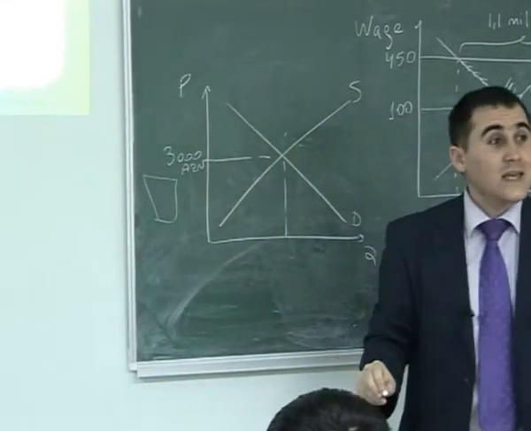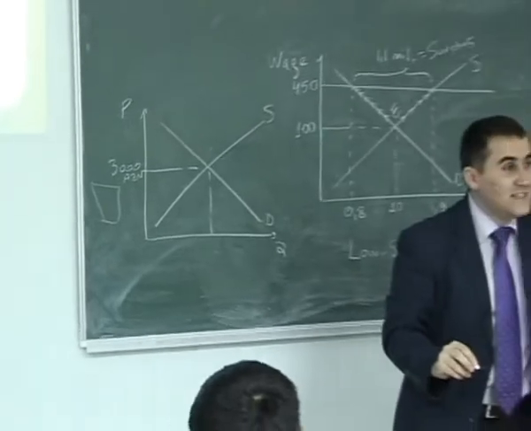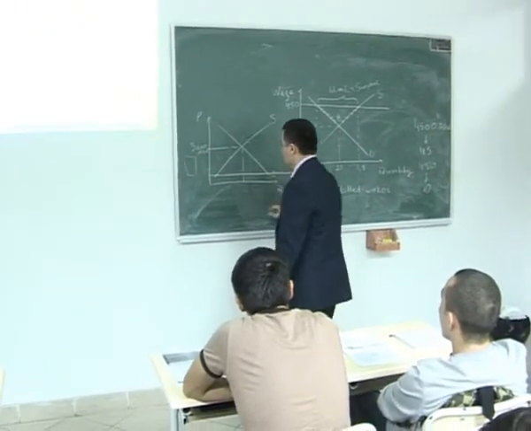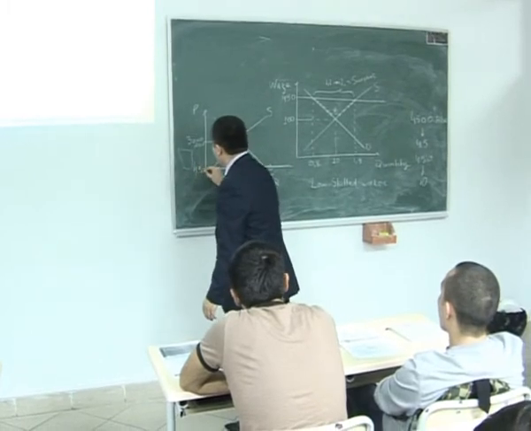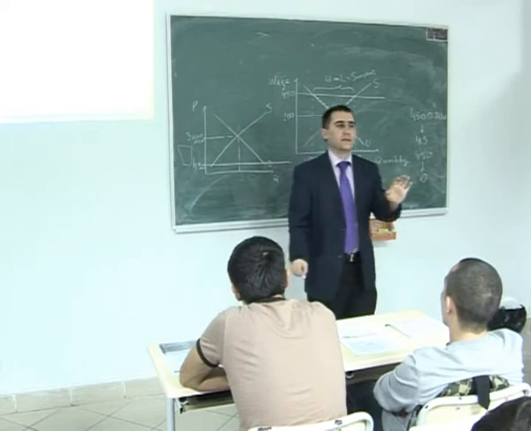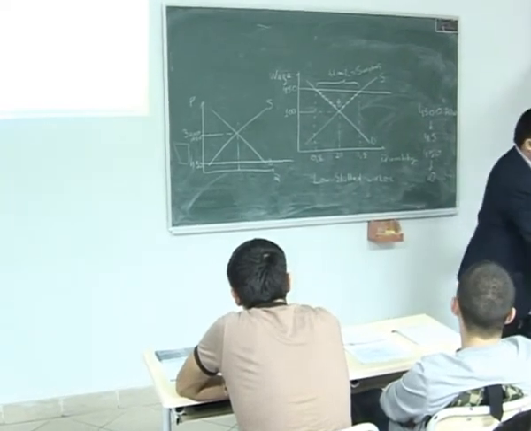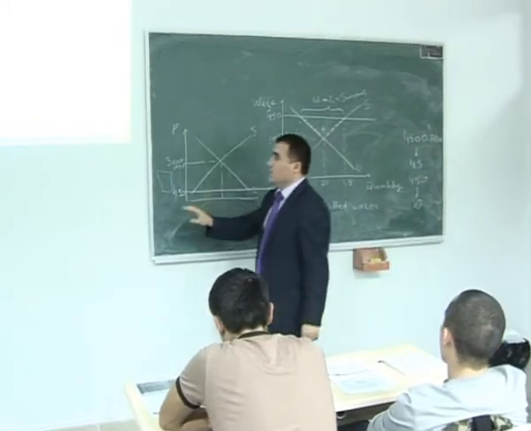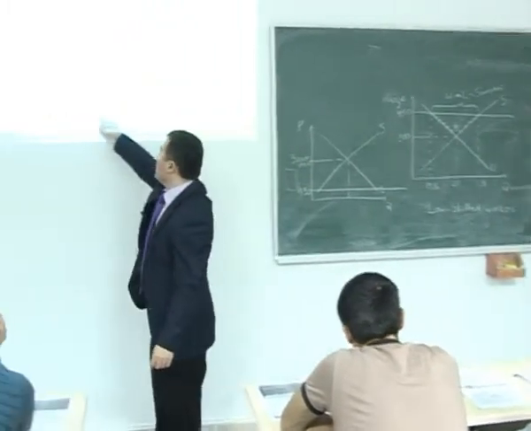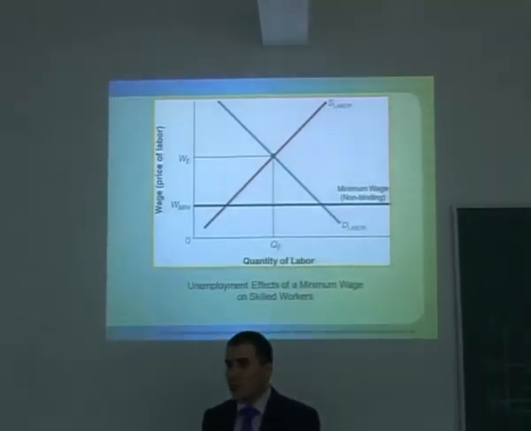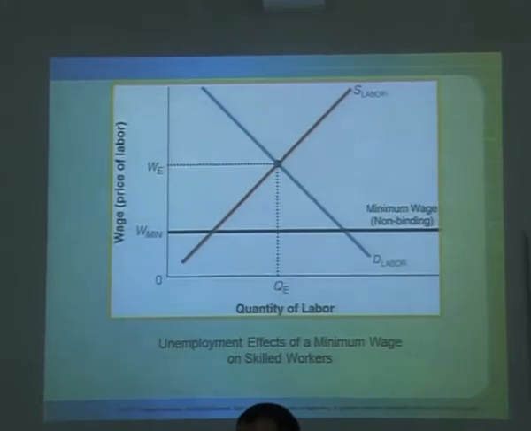So, when they set a minimum wage of 450, it's not binding. So it means that in the skilled workers market, the minimum wage rate is not binding.